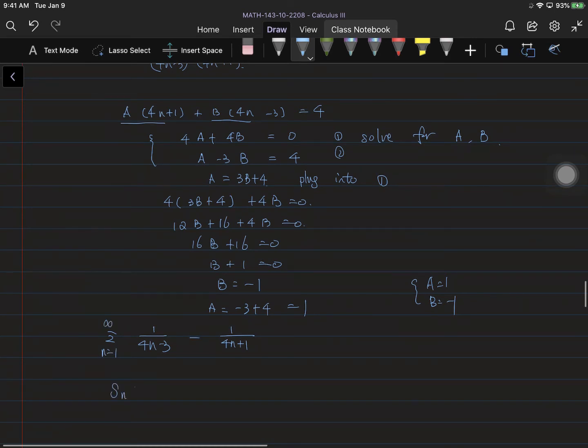So the partial sum equals what? Plug in n as 1 for the first term. It should be 4 times 1 minus 3, which is 1, minus 1 over 5. Okay, this is the first term. And then for the second term, plug in n as 2, 1 over 5 minus 1 over 9. You can just write down the first 2 terms or even the first term. That should be good.